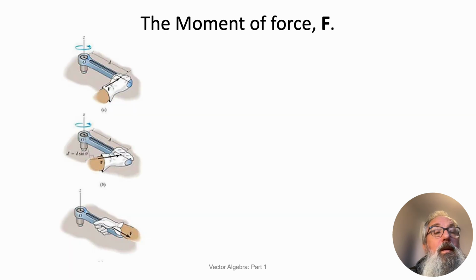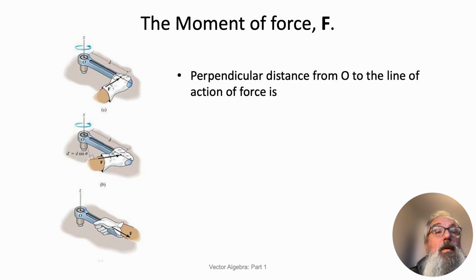Let's look at an example. So we've got an arm, literal arm, pulling on the bar of a crank, trying to turn the nut.